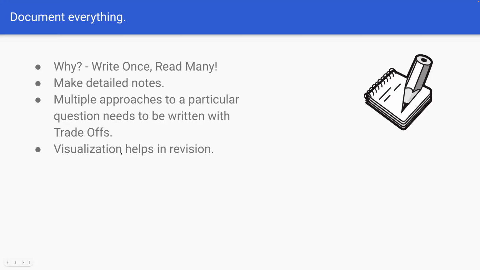Noting down what went where and what were the challenges we faced in deciding a particular design will actually help you to give and justify your stand in a real world interview, or even in your day-to-day work as well.